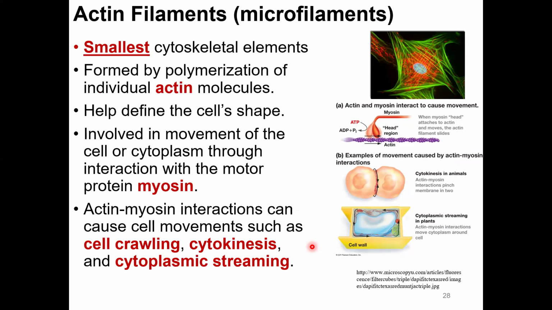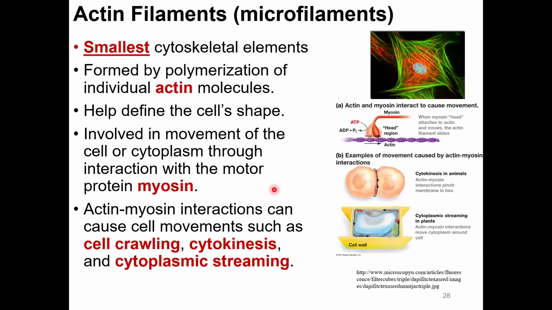Now the actin filaments, these are the smallest of the cytoskeletal elements. These are formed by polymerized actin molecules. It helps define the shape itself. It involves the movement of the entire cell or the cytoplasm with interaction with the motor protein myosin. So actin and myosin, they're like best friends.